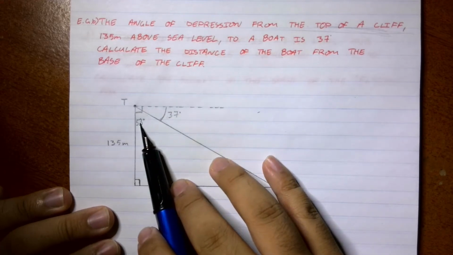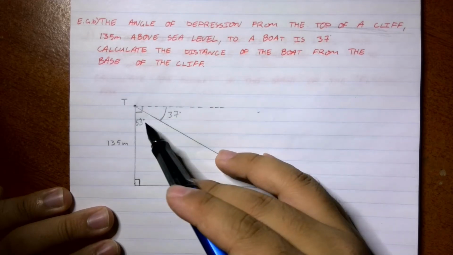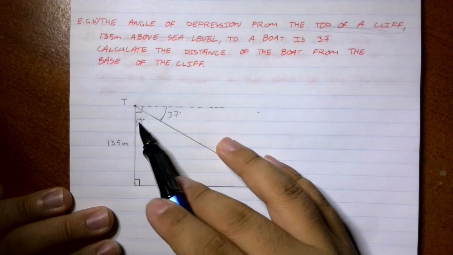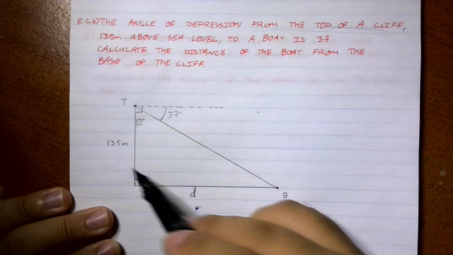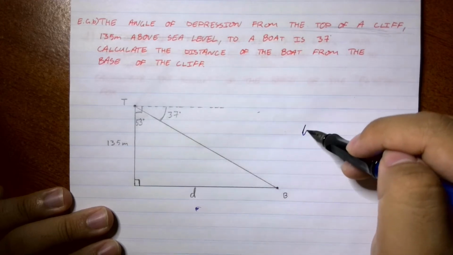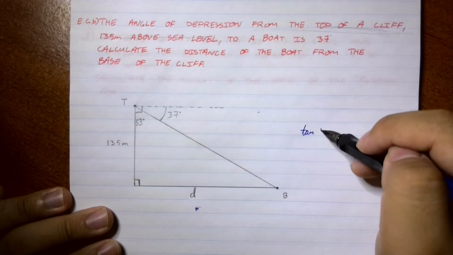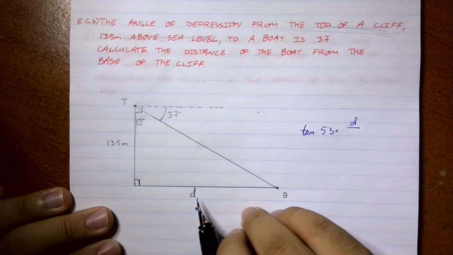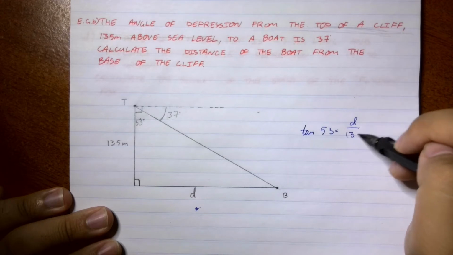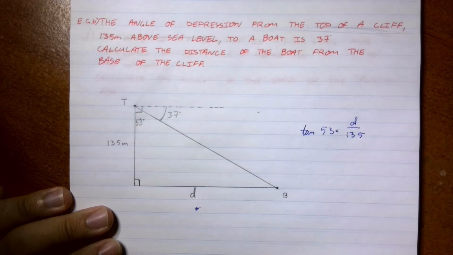So 53, from this angle, it's inside the triangle now. From this angle, we have an opposite and an adjacent. So that must mean we are to use tan 53 is equal to D for distance over 135.